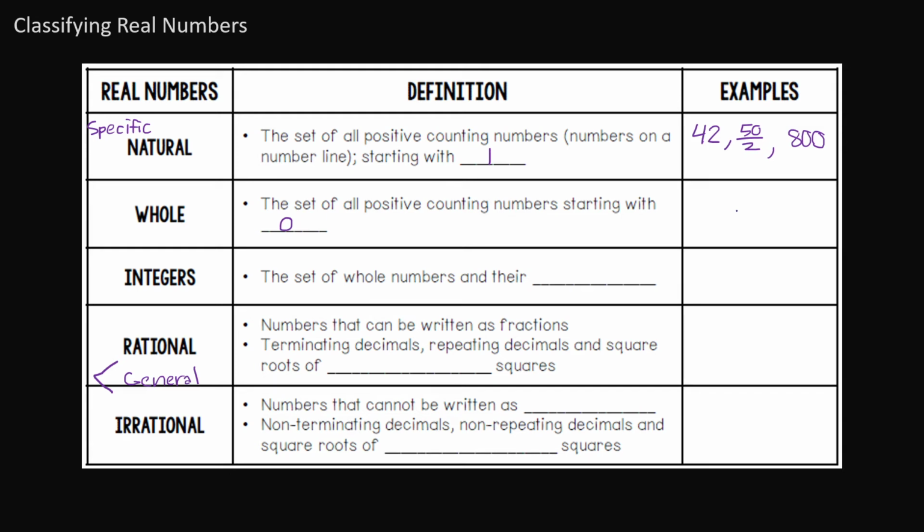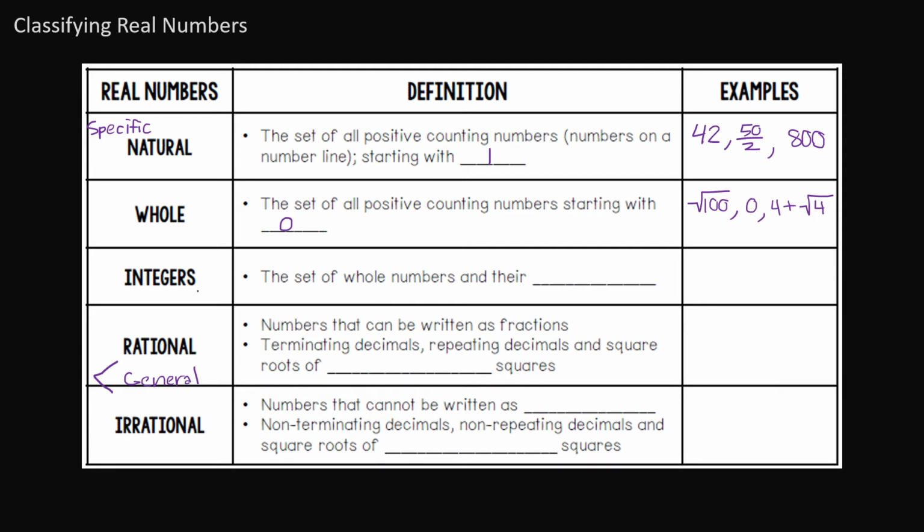So some examples of whole numbers. How about the positive square root of 100? That's 10. 0, of course, is a whole number. And what about 4 plus the positive square root of 4? Well, that would be 4 plus 2, and that would be 6. 6 is a whole number.